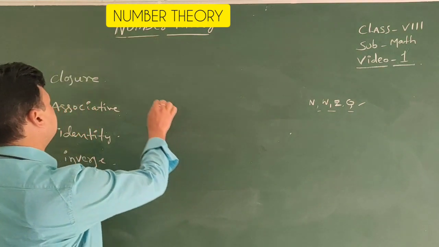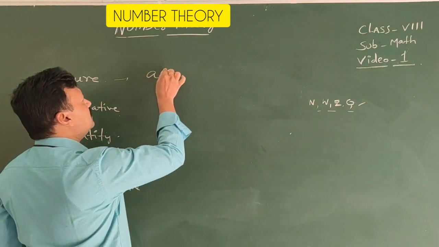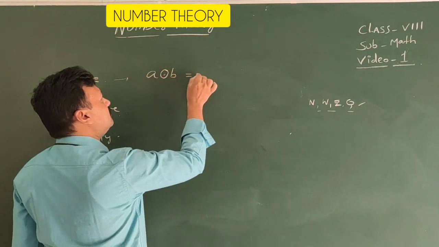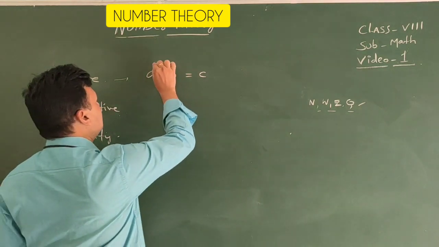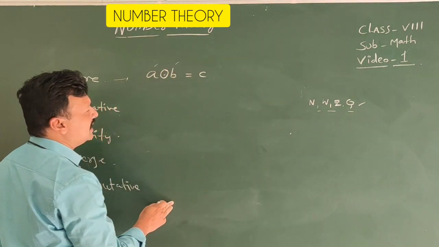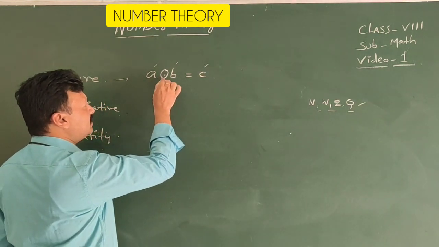Here closure, what is meant by closure property? Here A dot B equal to C. For example, A and B are natural numbers, and C is also a natural number under any particular operation.